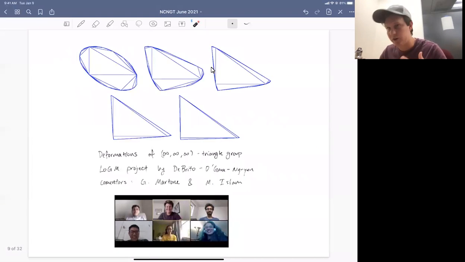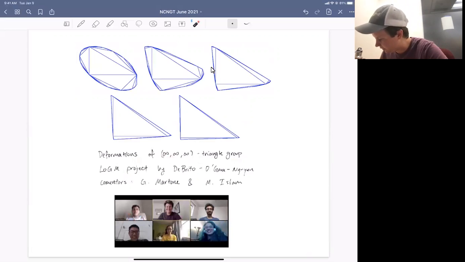To give you a picture of this deformability, here are some images of deformations of the infinity triangle group. This is part of a Log M project mentored jointly with Giuseppe Martone and Mitul Islam.